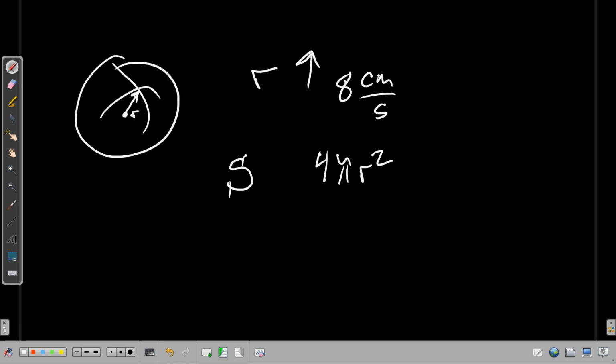I don't want to tell you wrong. Let me just double check. Surface area of a sphere. Yeah, 4 pi r squared. So that's the surface area of a sphere. But this would be just at one particular point in time.